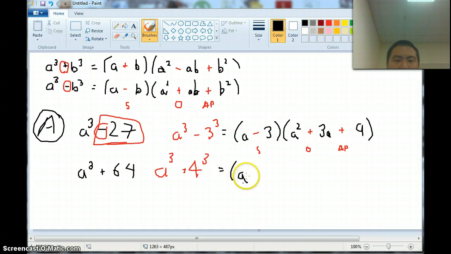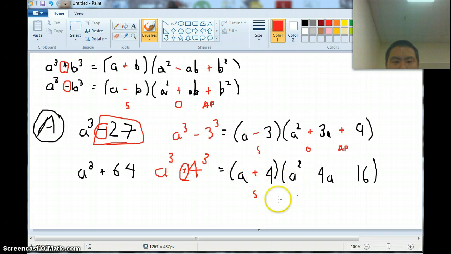A, then I put b, which is 4, a squared, and then a times b, that would be 4a, and the last thing would be b squared, which would be 16. Then I just follow SOAP, same, which would be positive, opposite, which would be negative, always positive right here, and that would be positive.